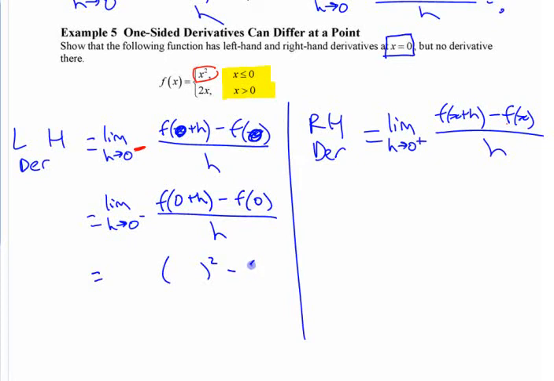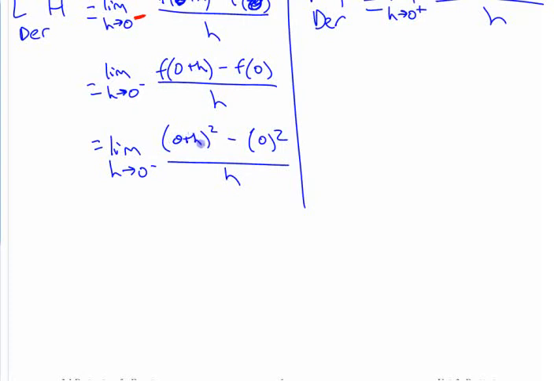Minus 0 squared. It'll work the other way as well, even if you do it in a generic way first. But 0 plus h, if you multiply that whole thing out here, I'm going to write it out this way and say 0 squared plus 2 times 0 times h plus h squared minus 0 squared.